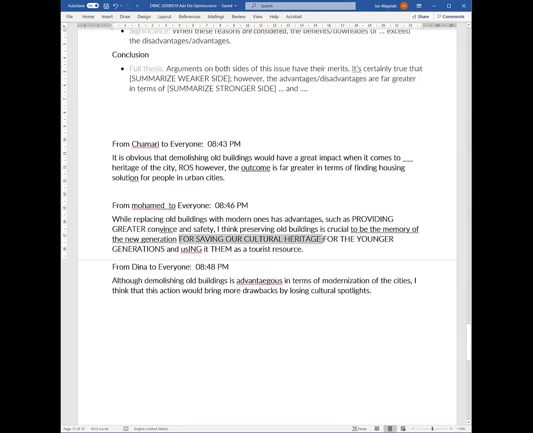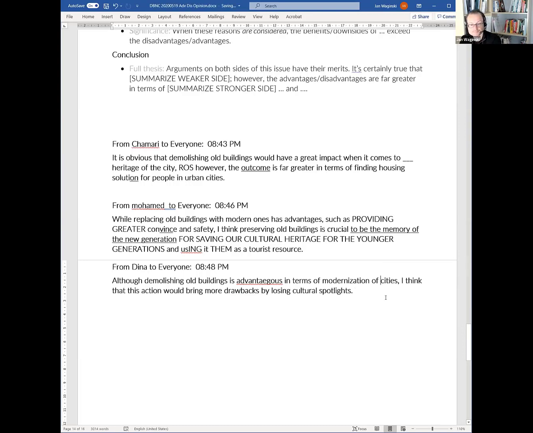Crucial. All advantageous in terms of modernization of cities. In terms of modernization of cities, this is non-specific. This action will bring more drawbacks by losing cultural spotlights.